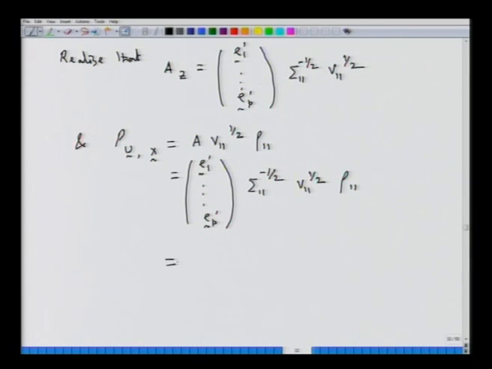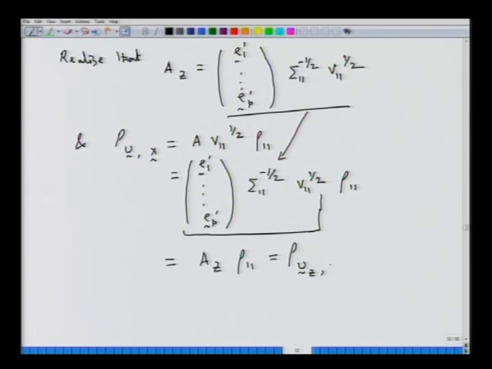Now, what is this in terms of the Az matrix? Starting from this up to this particular point, this is the Az matrix itself. So this is Az times rho 11, which we have just obtained to be the correlation matrix between the uz vector, the vector of canonical variables obtained from the standardized variables, and the standardized variables.